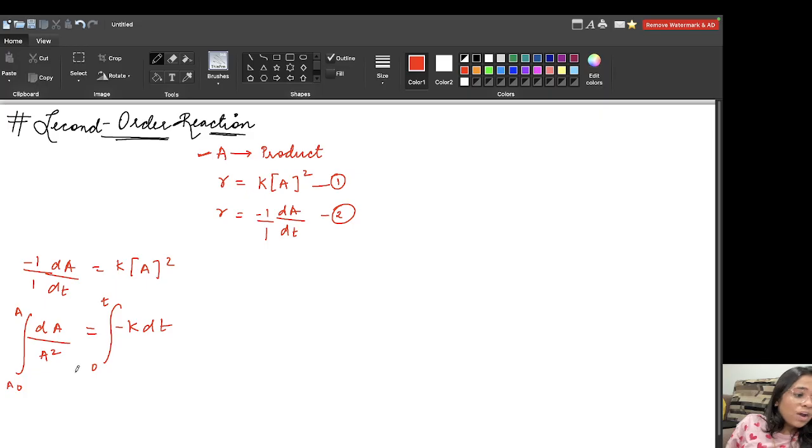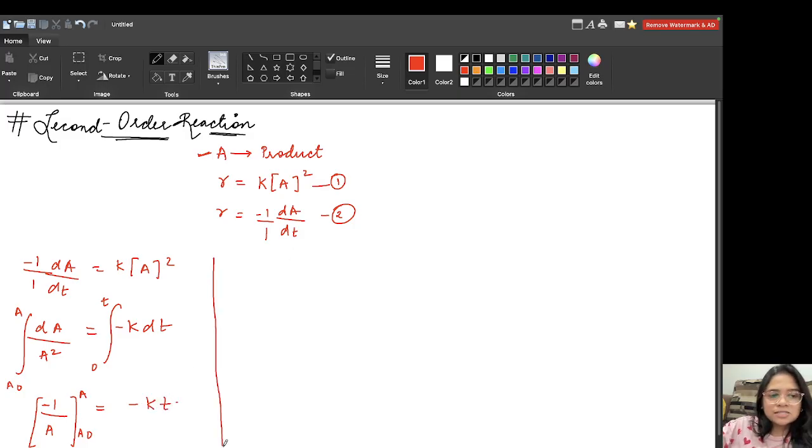Okay, now both sides, if you see, I am integrating, right? If I integrate this particular thing, I'll be getting 1 by A minus 1 by A naught, and here the minus sign will be coming. Here you are getting minus of kt. Both sides minus, I am cancelling the minus sign.